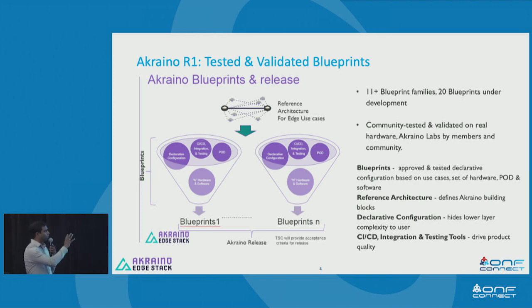The blueprint also defines what software goes inside, what hardware goes inside, what configuration of that software has to be, and what configuration of that hardware has to be. So the end goal is that there is a button that you can press that allows you to install the whole end-to-end stack, not in one location, but in whatever number of locations that application has to run. That is what we collectively call a blueprint.